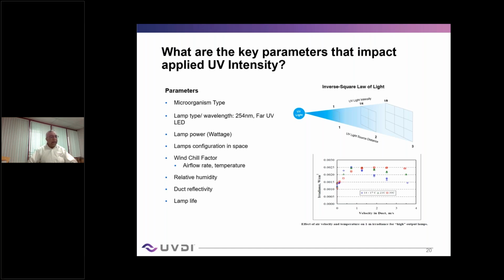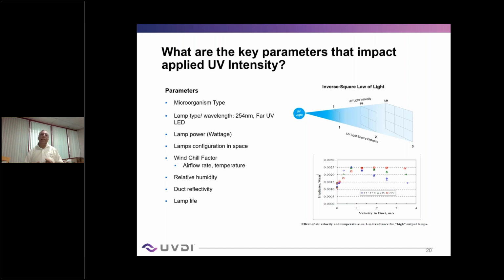When we get into more parameters, there are other factors which affect your applied dose and intensity. The lamp power, and the lamp system configuration of your UV. The wind chill factor is actually one of the very important factors.